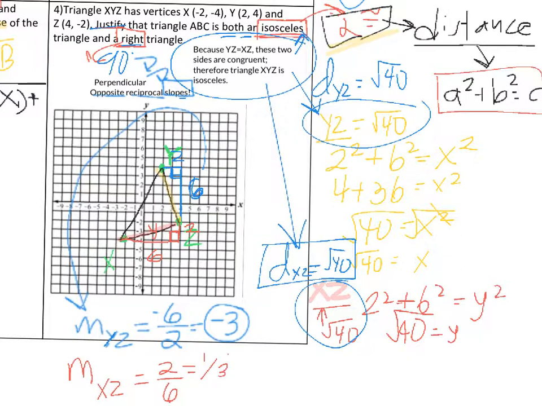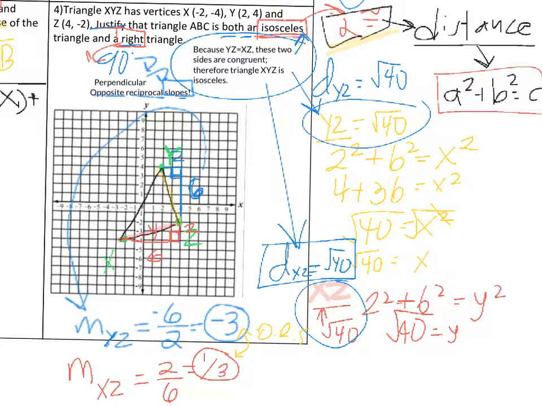And now we want to ask ourselves, are these opposite reciprocals? Since the sign has changed, they are indeed opposites, and since the reciprocal of 1/3 is 3, and conversely, the reciprocal of 3 is 1/3, yes, these are opposite reciprocal slopes, and this does prove that the triangle we were given, triangle XYZ, is a right triangle.